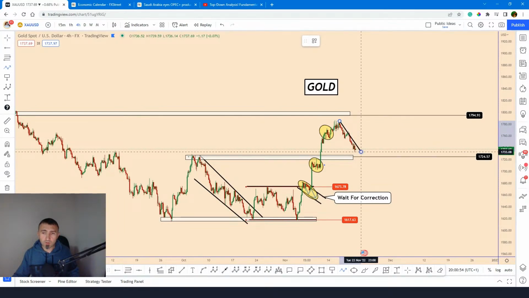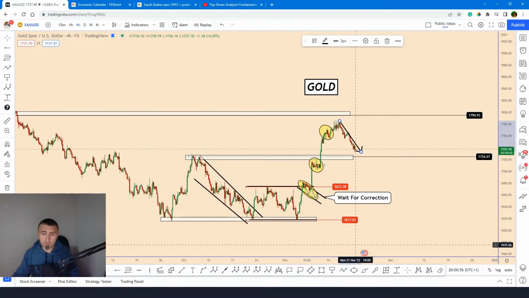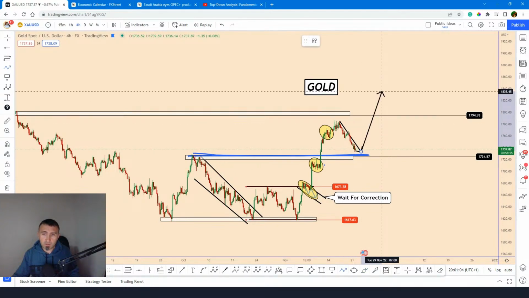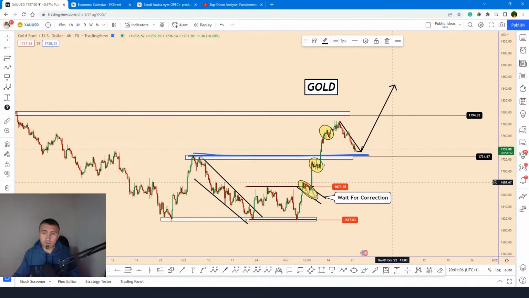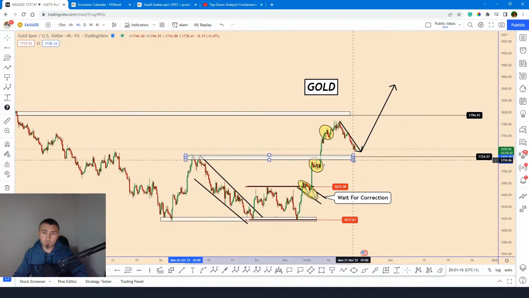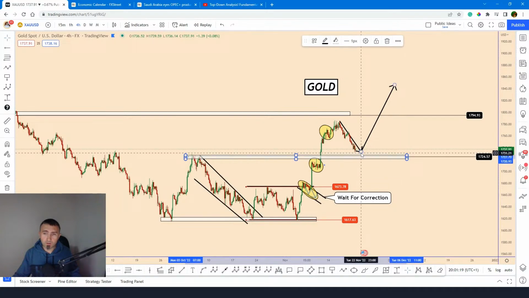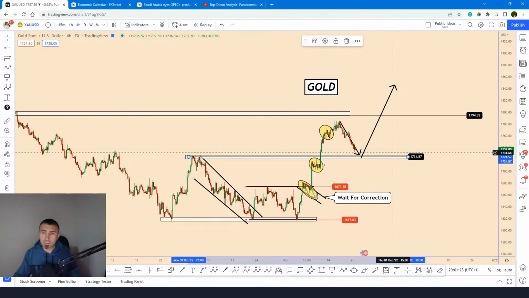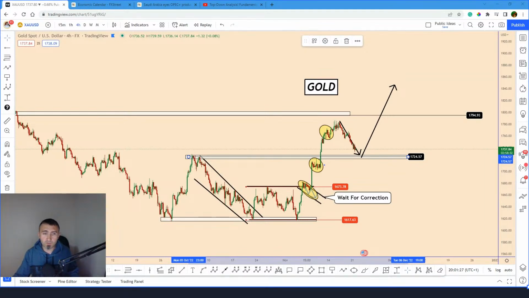It can also bounce from this point because this is very near to the support area, and the price may bounce up again. However, there is also the probability of seeing any type of up and down moves. However, this is the most important part, that we may see the price stop here. Once the price stops close to 1700, I think that we may see a bullish price reaction very soon.